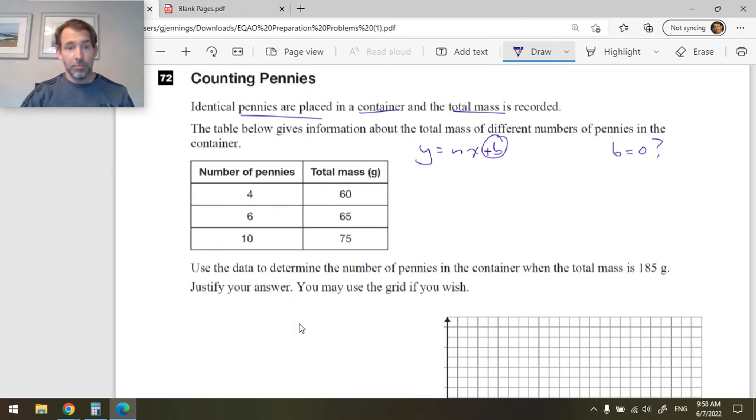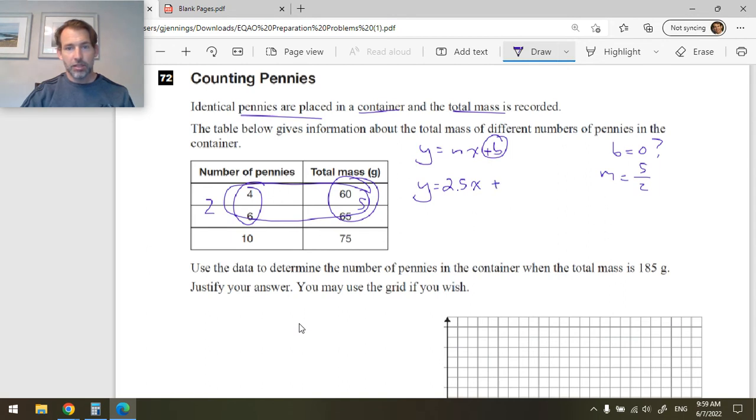First, we're going to find m from these 2 points. This increases by 2, and this increases by 5. So m is equal to 5 over 2: the increase in the total mass, which is the increase in y, over the increase in the number of pennies, which was 2. So y is equal to 2.5x plus some value b. I'm trying to embrace the decimal.